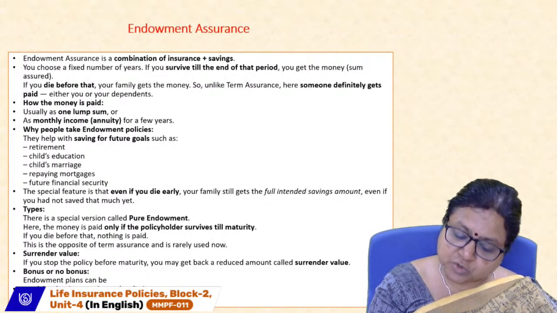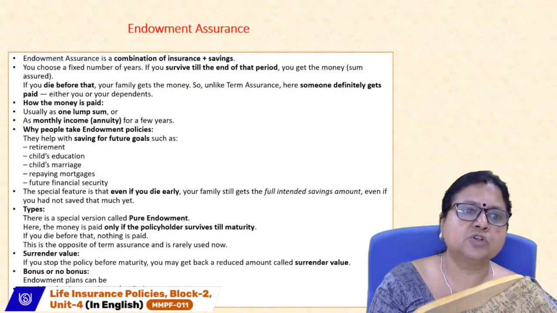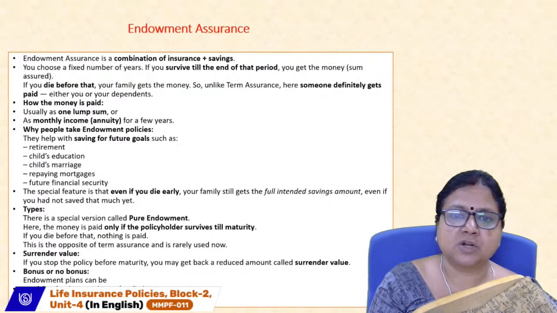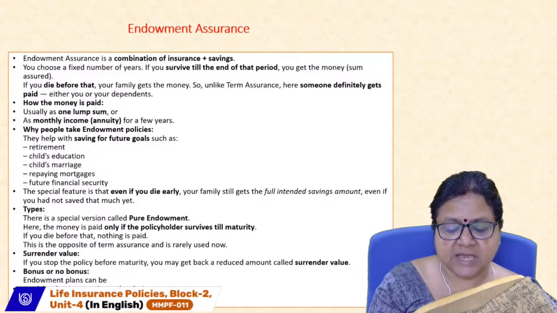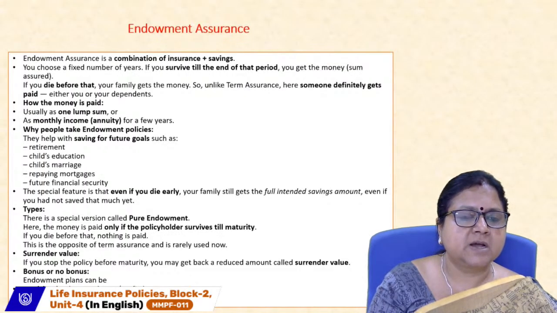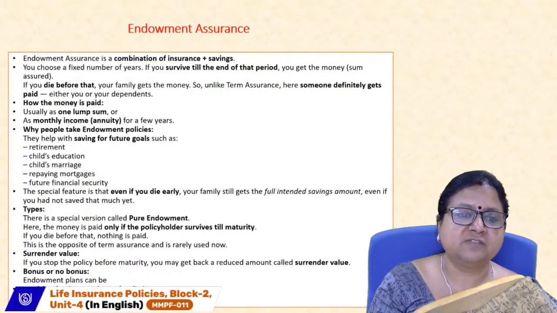That means when you yourself survive, you will get the money. When you don't survive also, your dependents will get the money. This is the endowment assurance. Whereas in case of term assurance, if you survive beyond that period, you are not getting the money. So usually here the premium is paid in lump sum, or it can be paid on a monthly basis. And people like to have endowment policies because it helps them to save for their future goals.